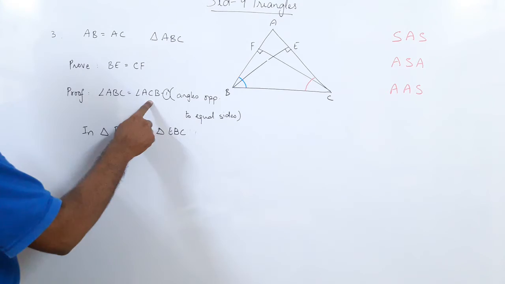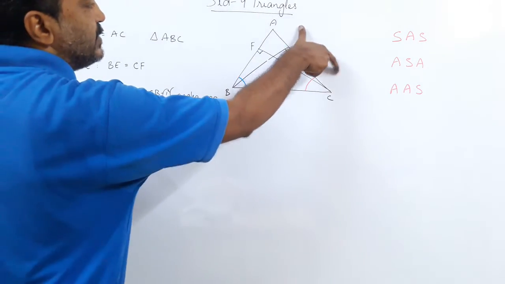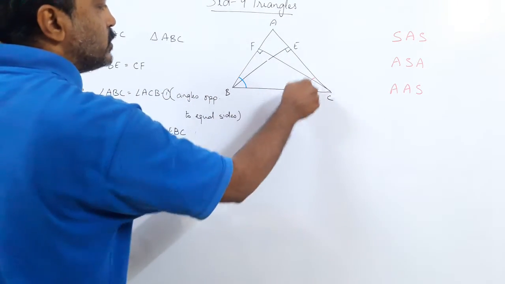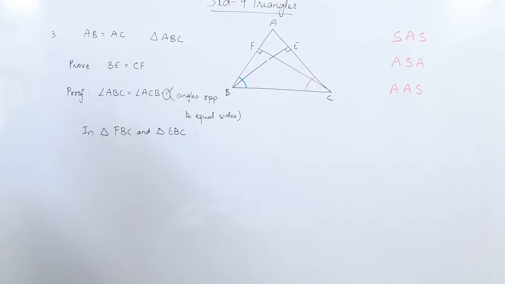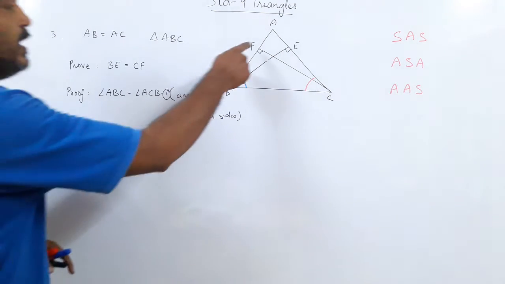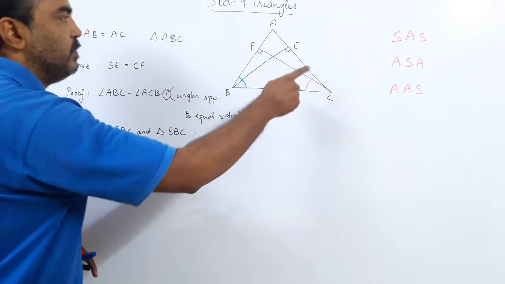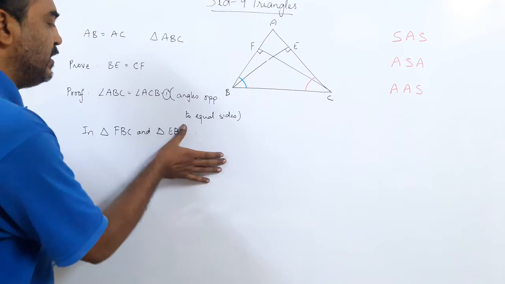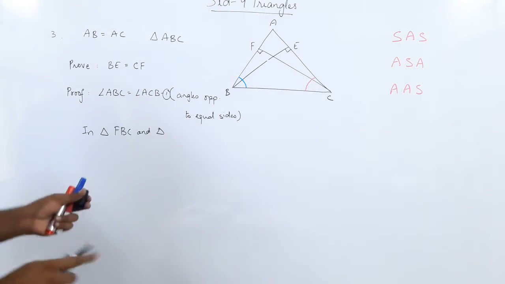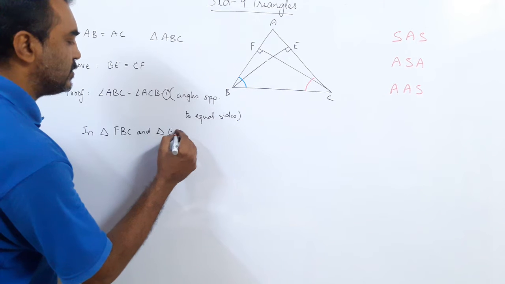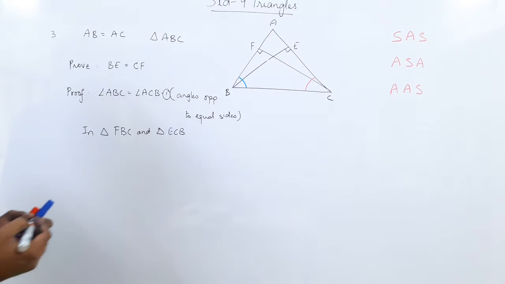So first I showed a result that because these two sides are equal, the angles opposite to them are also equal. And then which triangles am I choosing? FBC and EBC. So I can write FBC and ECB to maintain the correspondence. You can write whatever you want, makes no difference.